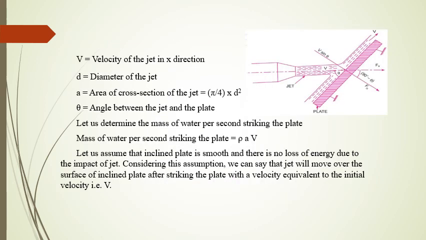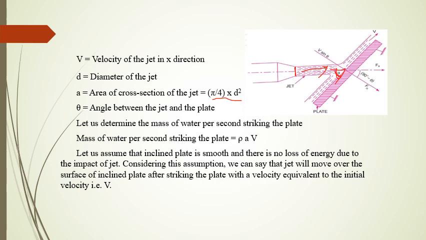V is the velocity of the jet in x direction and d is the diameter of the jet. A is the area of cross section, that is pi by 4 d square. Theta is the angle between jet and plate. This angle is theta.